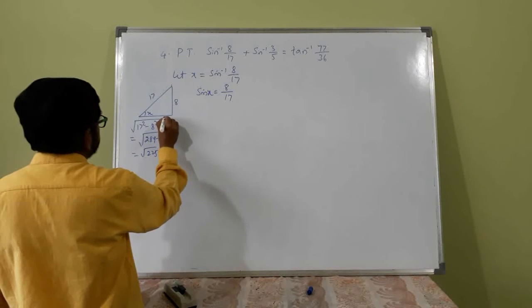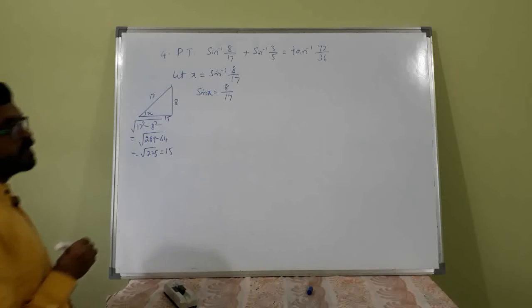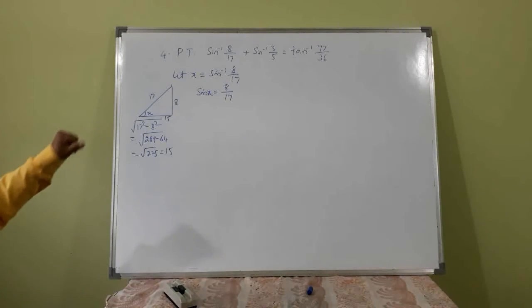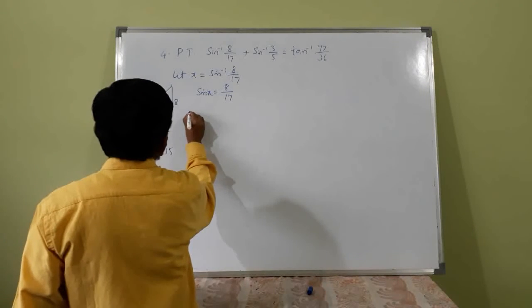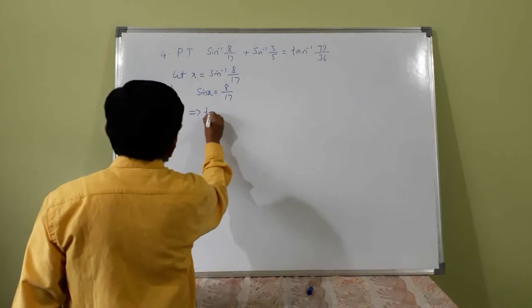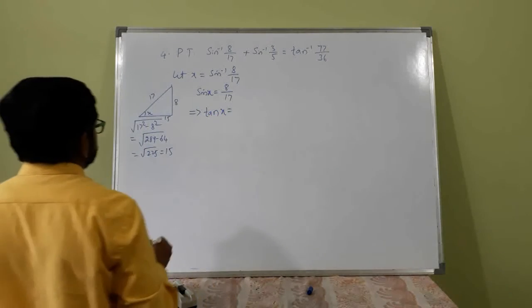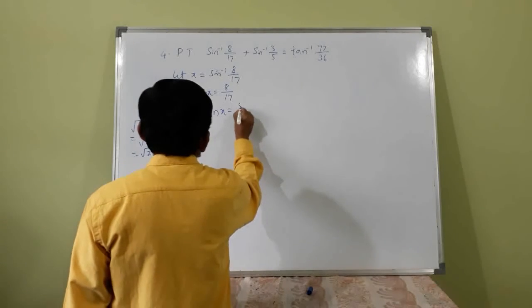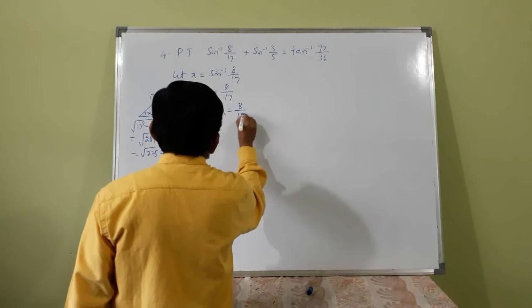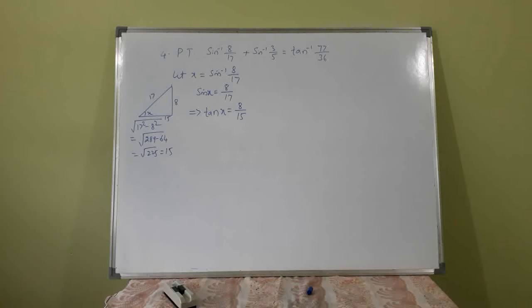So this should be 15. Okay, then tan x is equal to 8 by 15, isn't it? You got it?